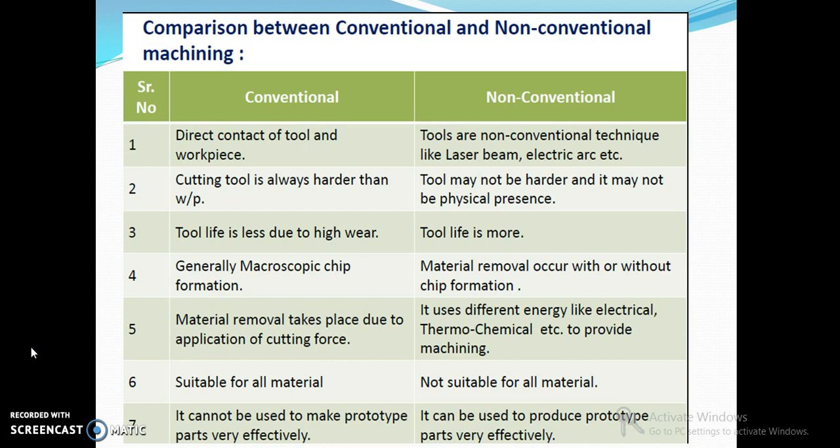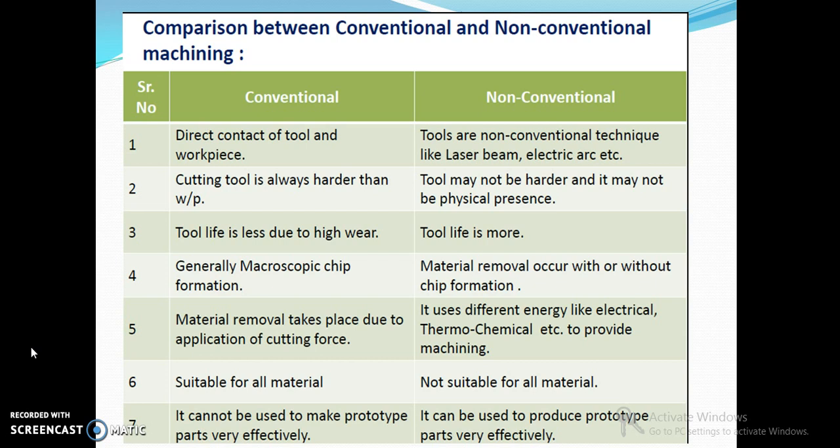The sixth parameter is suitability for all materials. Conventional machining is suitable for all machining, meaning it is possible on different materials, but non-conventional machining is not suitable for all types of materials. It depends on which process we are using.